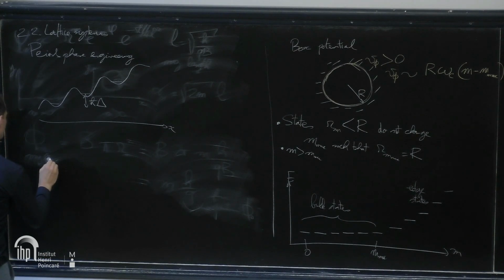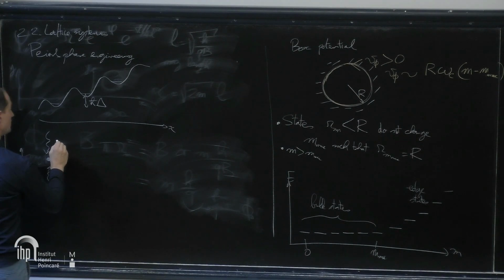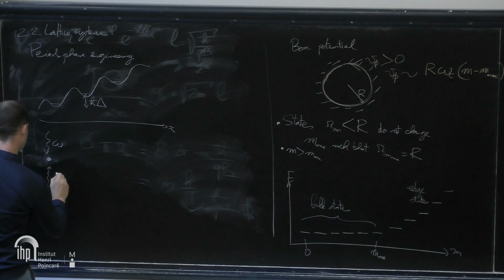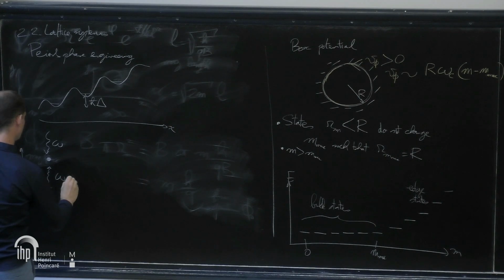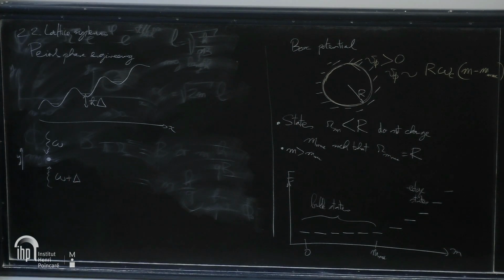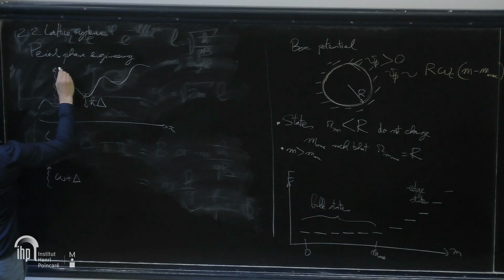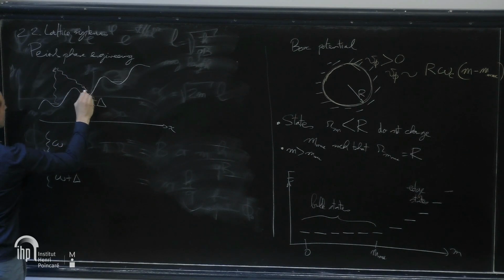And then we shine on the atoms a pair of lasers, so for example, counterpropagating. So here it's along Y. And the two lasers should have different frequencies, omega and omega plus delta, so that they can induce Bragg transitions, basically connecting neighboring wells in this way.